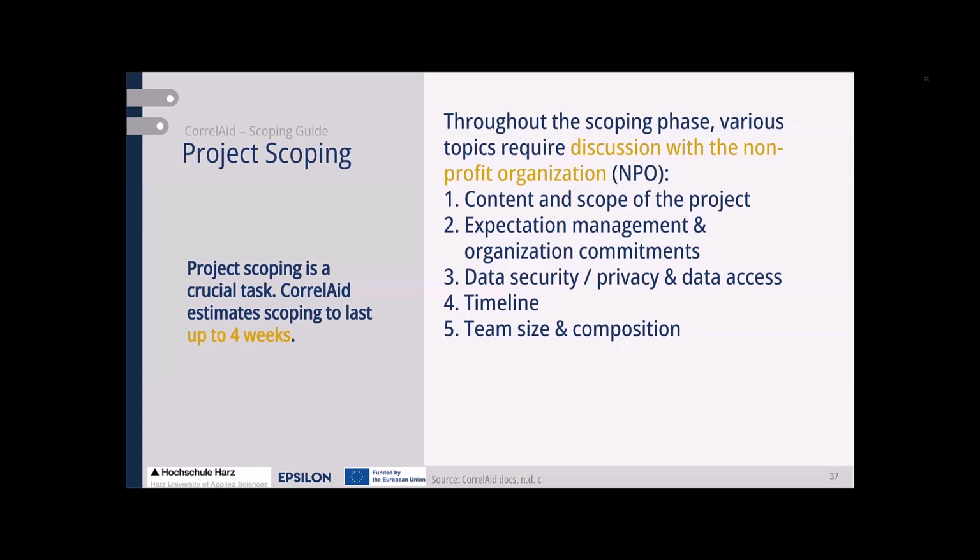Also, you have to discuss what the deliverables are, so in which format does the nonprofit organization want the project to be handed over? Also, you have to discuss the data security issues. If you work with data, you have to be aware that data security is your main concern, or should be your main concern. And you should talk about a realistic timeline and about the team size and the composition from your side.